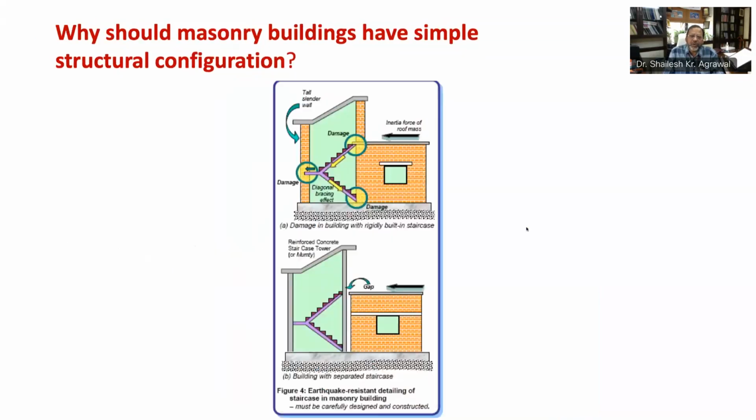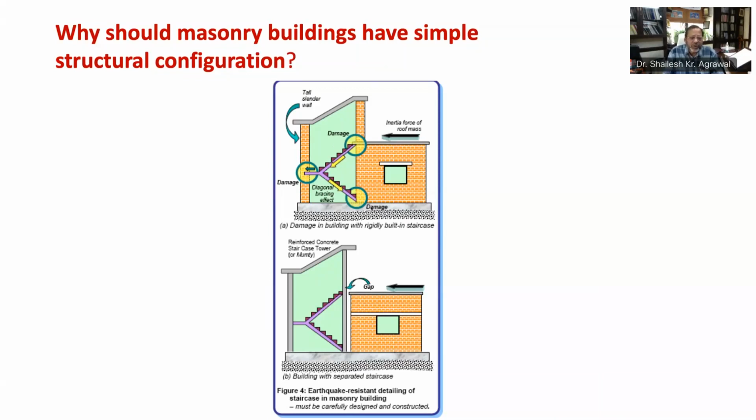Now let's talk about staircases. Inclined staircase slabs, as shown in this figure, in masonry buildings offer another concern. An integrally connected staircase slab acts like a cross brace between floors and transfers large horizontal forces at the roof and at the lower levels. These are areas of potential damage in masonry buildings if not accounted for in staircase design and construction.